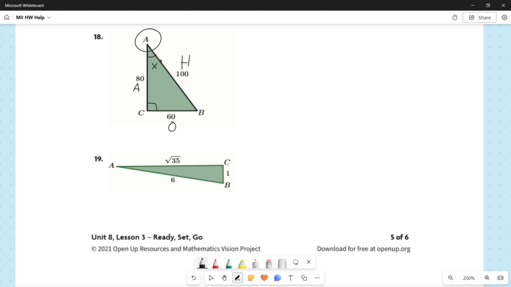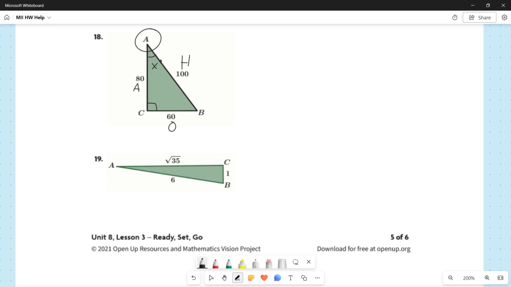So if I want to solve for angle A, or in this case x, we've assigned it the variable x, I want to set up a trig ratio based on the information that we're given. In this problem, we're actually given more information than we need, because theoretically we could solve this if we were only given two sides.